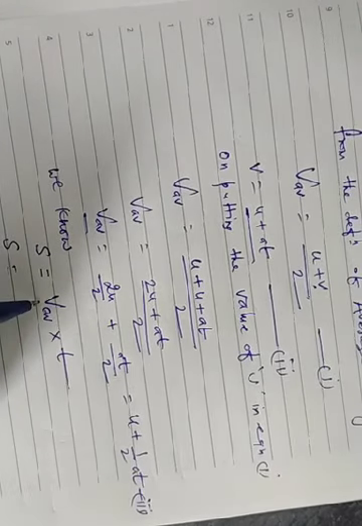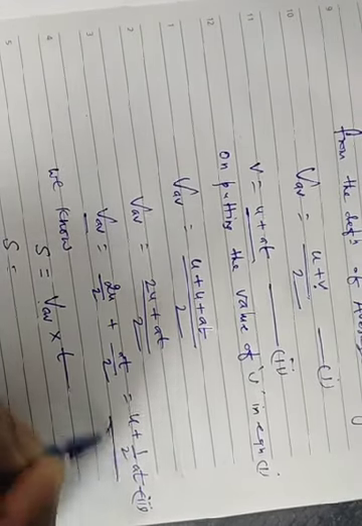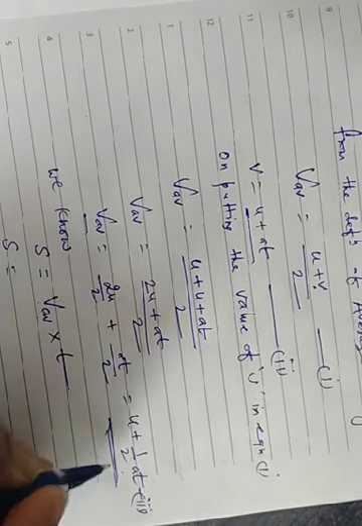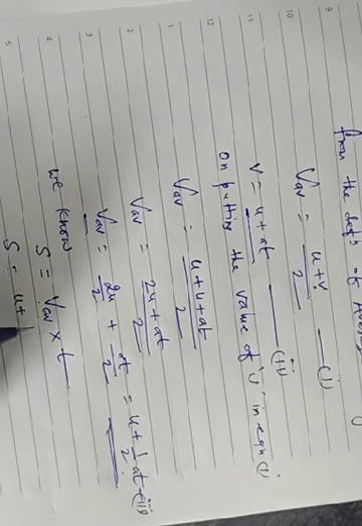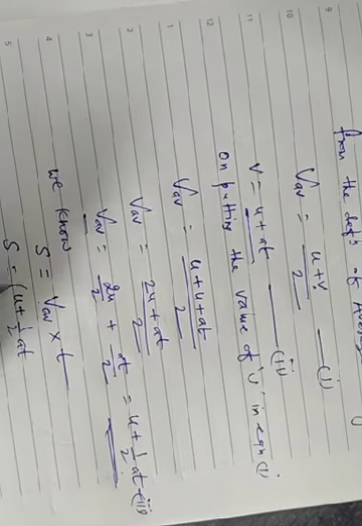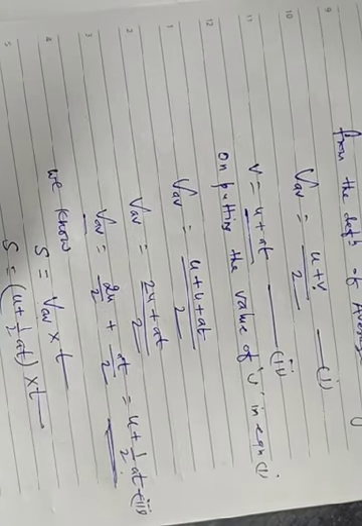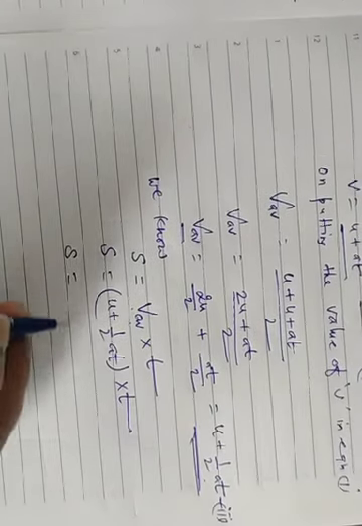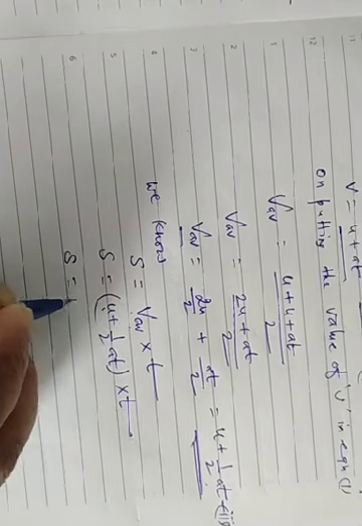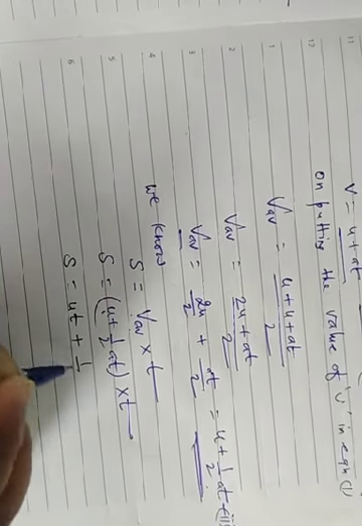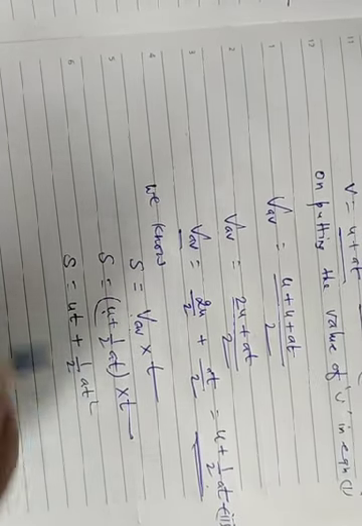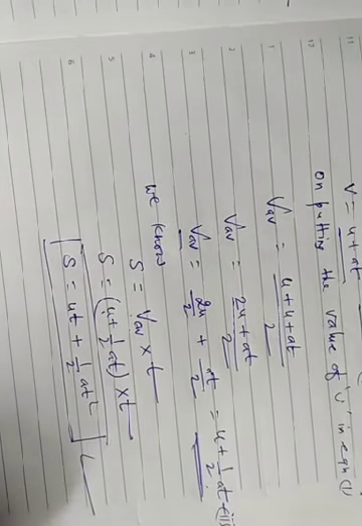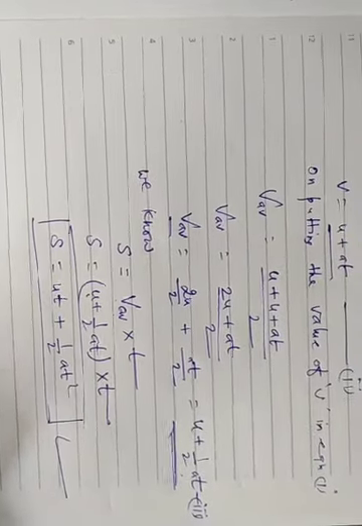So s equal to V average, place this value of velocity. What is this value? u plus half at, into t. So s equal to u into t, ut plus half at square. So this is the derivation for the second equation of motion.